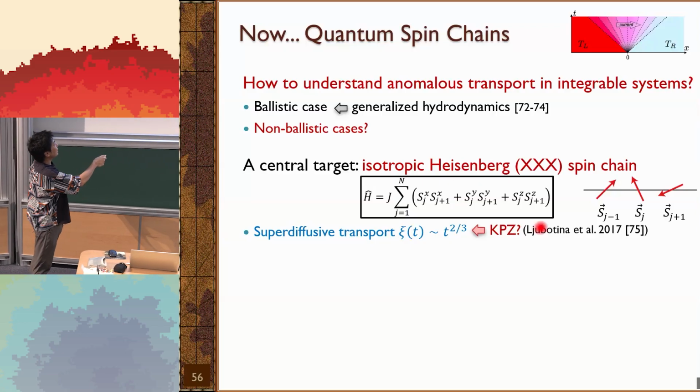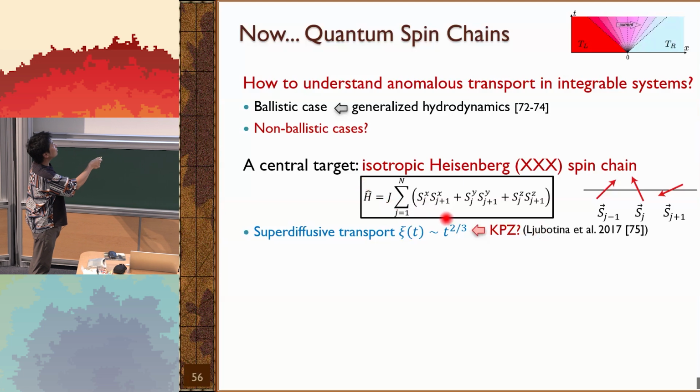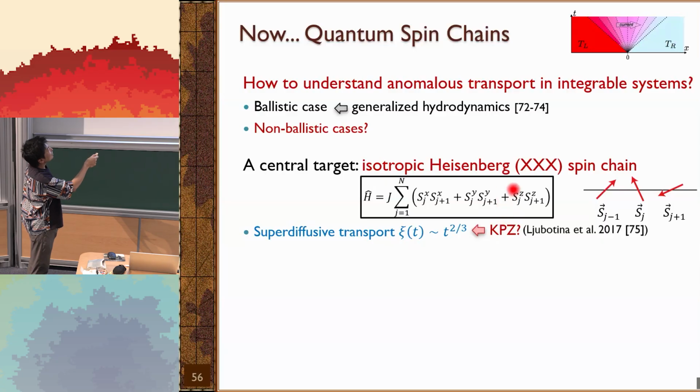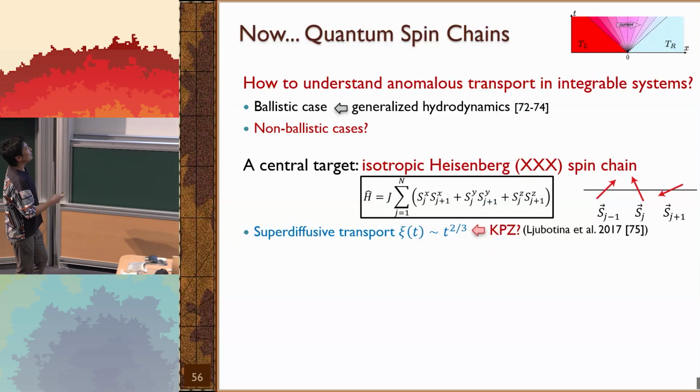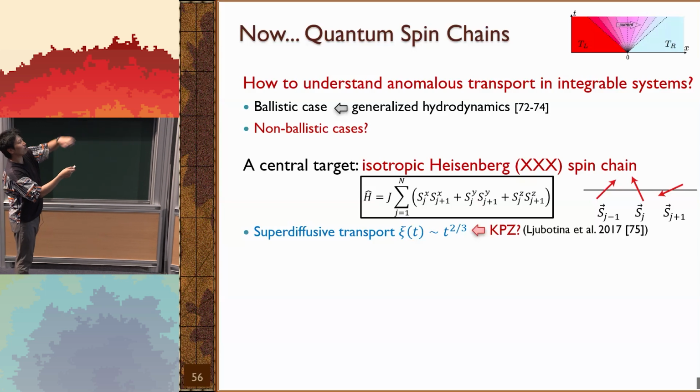It's a model for spins, and it's an integrable model, so it has some special transport properties. And in the case of the isotropic interaction, I mean, if this coefficient is 1, which is called the XXX chain, then it's known to show superdiffusive transport. So the correlation grows like t to the 2/3, and this is identical to the exponent of the KPZ class. But of course, this 2/3 is just a simple rational number, so we shouldn't say KPZ only from this.